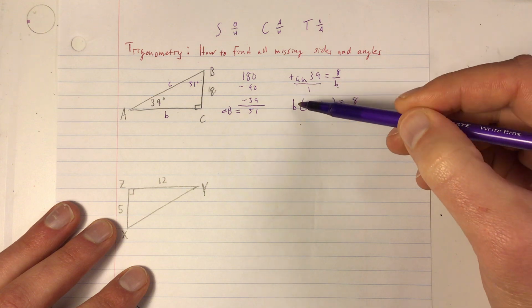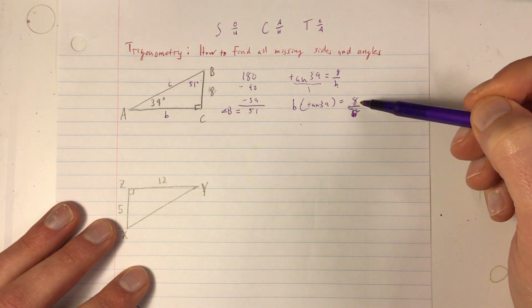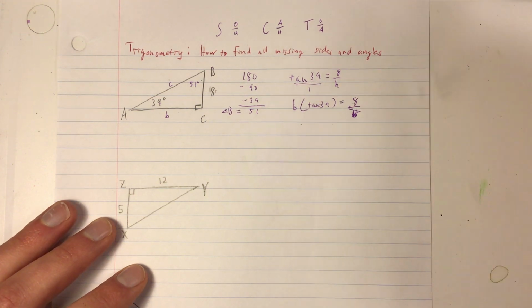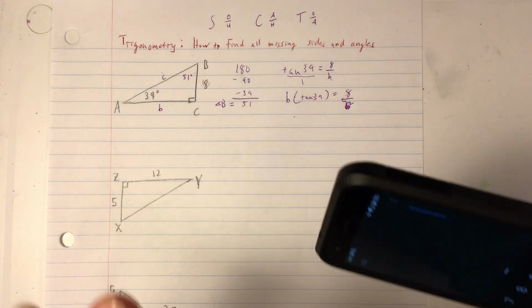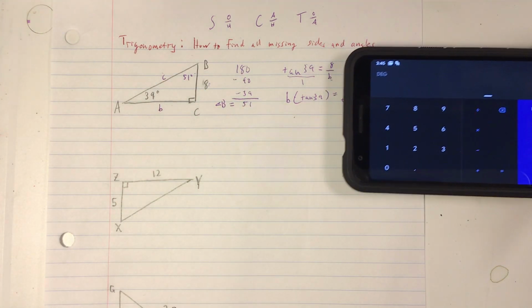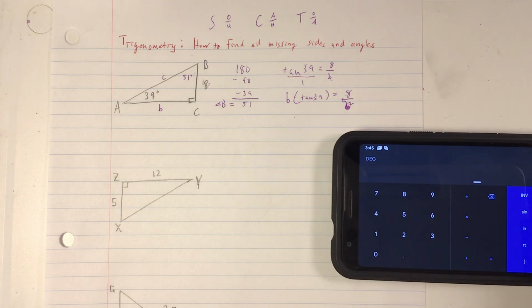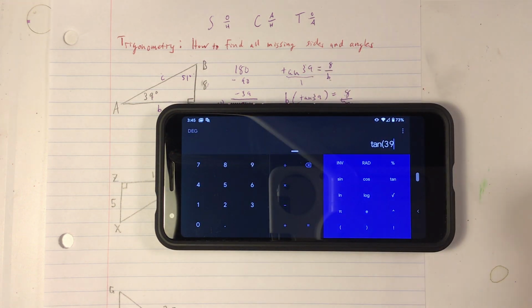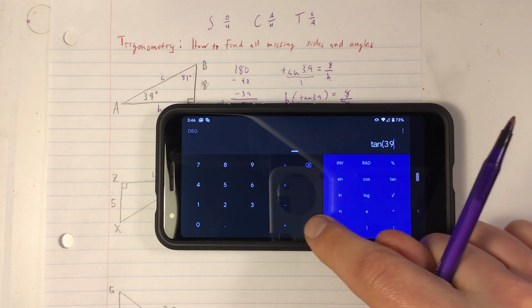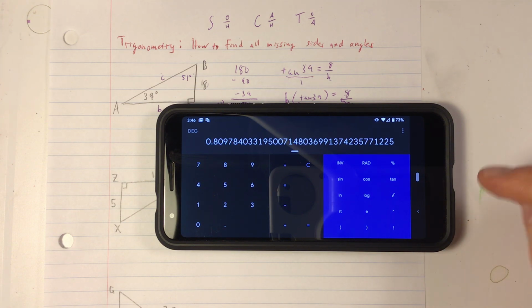So b times tangent of 39 is equal to 8. If I did that on my calculator, so if I do the tangent of 39, make sure my calculator's in degrees, of course. Tangent of 39, I hit equals, gives me that.